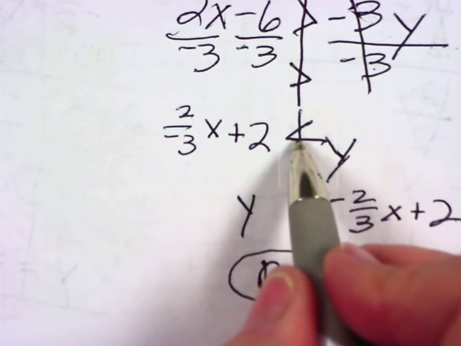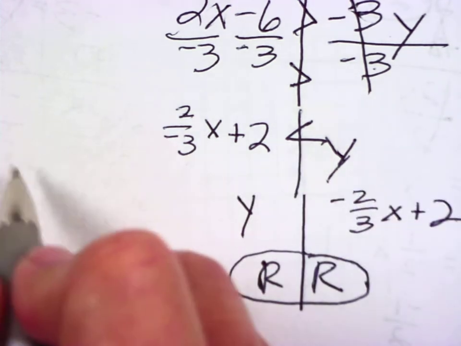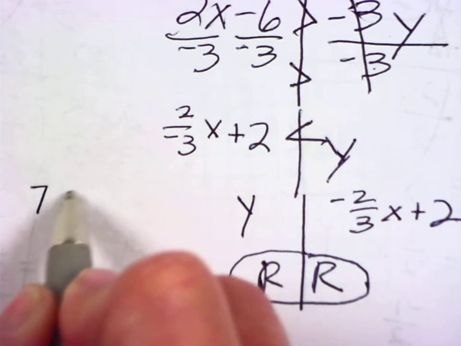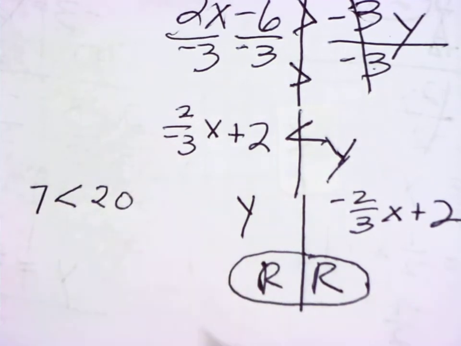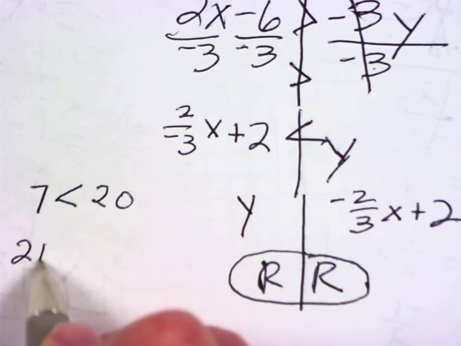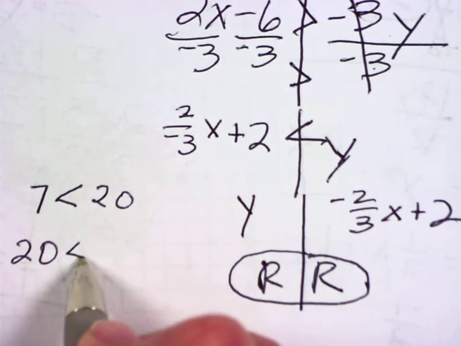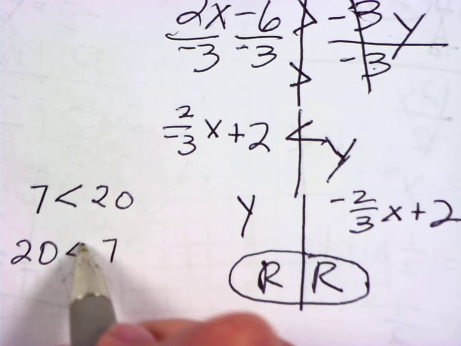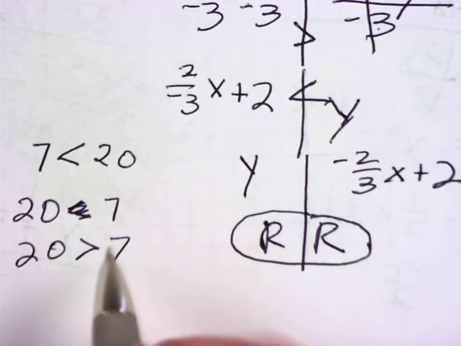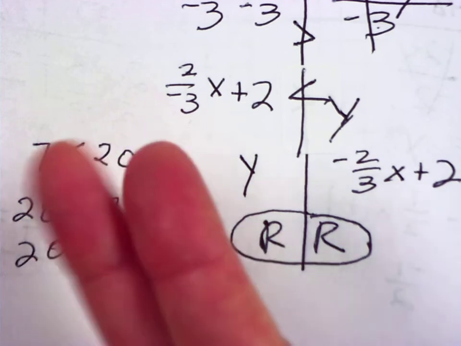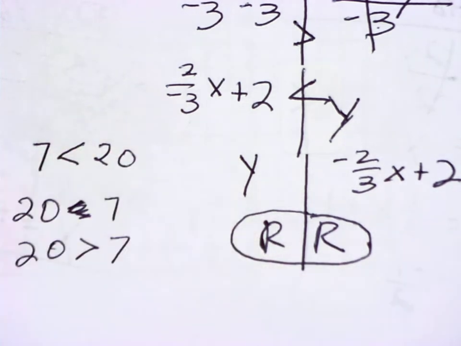Now let's think about this. Let's go over here. Is 7 less than 20? Yes. If I flip this over, is 20 less than 7? No. 20 is greater than 7, isn't it? So if I flip an inequality over, I also have to flip its symbol over.